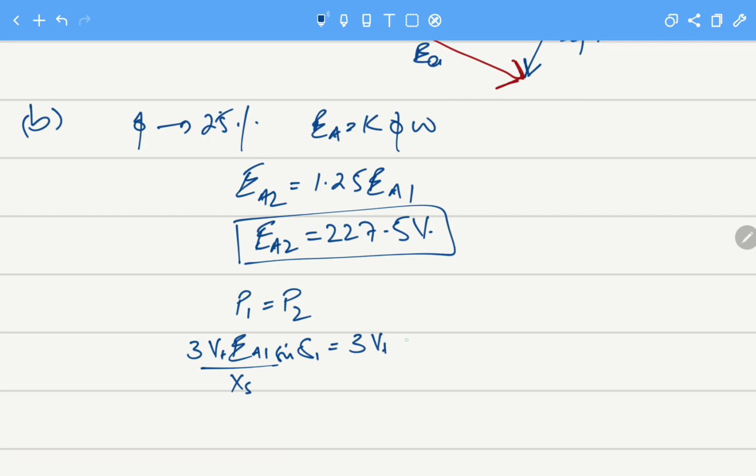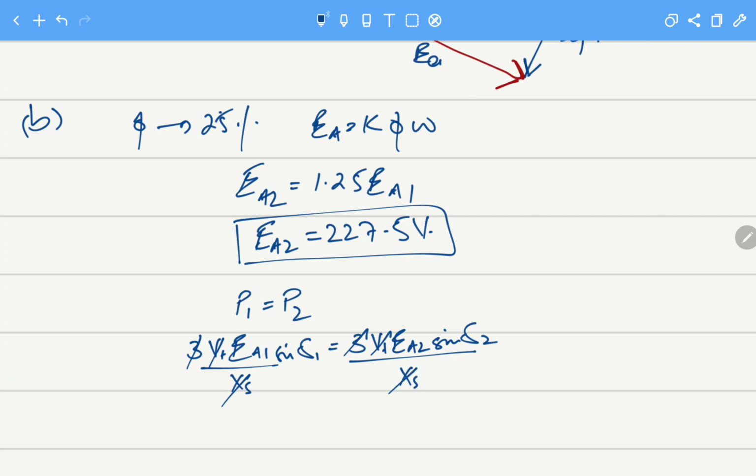The terminal voltage remains the same, the internally generated voltage has changed, the power factor angle will change, and the synchronous reactance remains the same.